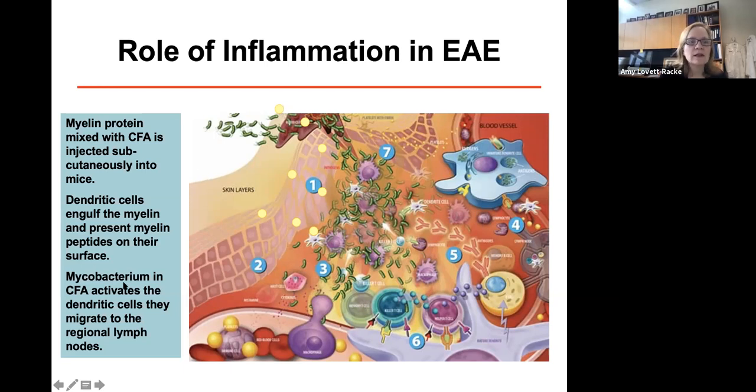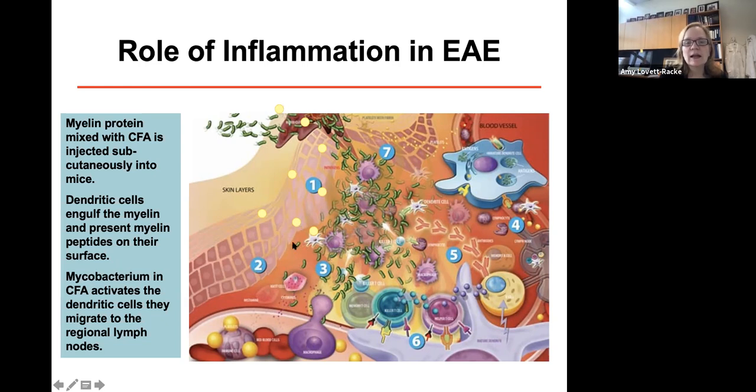But when you put it in with the mycobacterium, essentially what you're doing is you're allowing dendritic cells and macrophages in the skin to become activated because they recognize components of mycobacterium as being foreign.